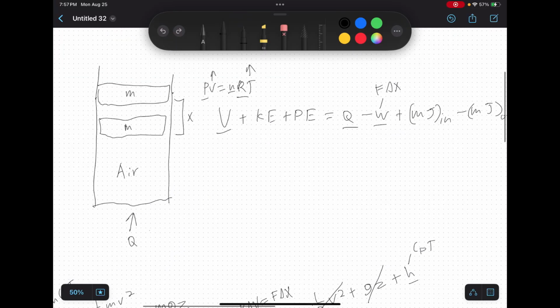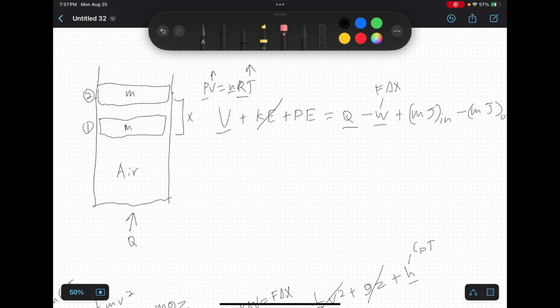But okay, so we have U. Kinetic energy, 0, because the air in here, technically, it's not moving. It is moving as the piston goes up, but let's assume we're at state 1 where the piston is right here, and state 2 where the piston is right there, and everything stopped. So v equals 0.